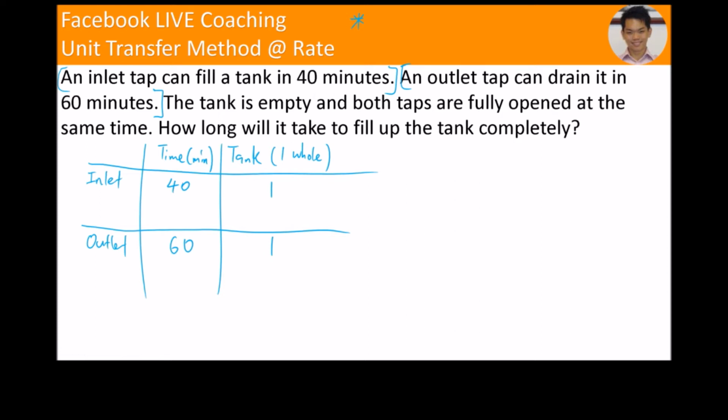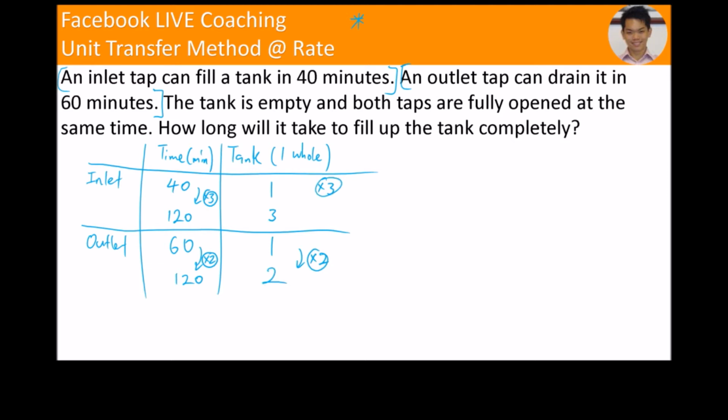Now I want to make time the same, so I will multiply them to their lowest common multiple. The lowest common multiple between 40 and 60 will be 120. To get these two to 120, your time needs to be multiplied by 3 for the inlet. So the tank progress here would also be multiplied by 3. Over here, this is multiplied by 2, so the tank progress here would also be multiplied by 2.